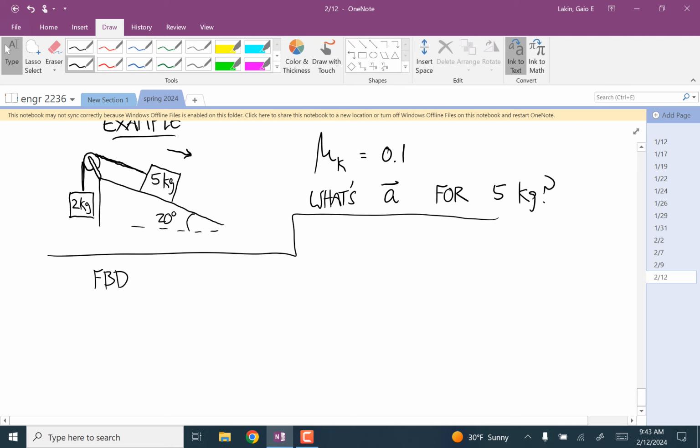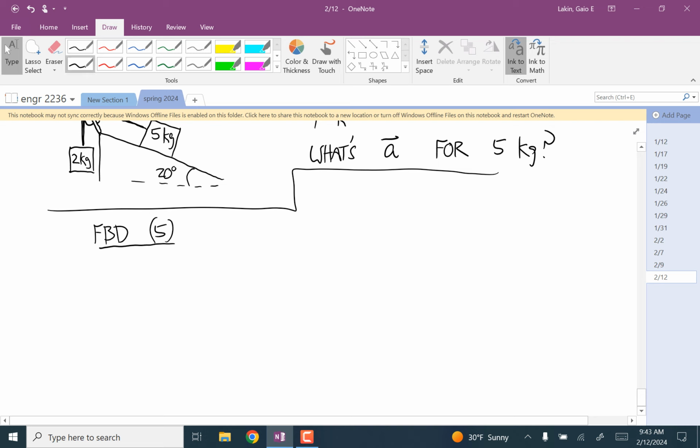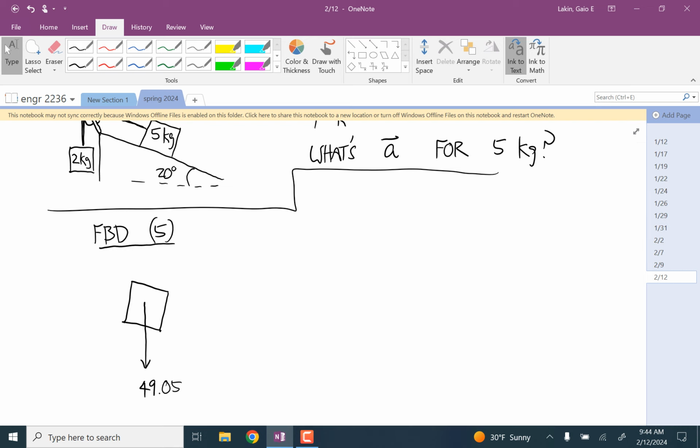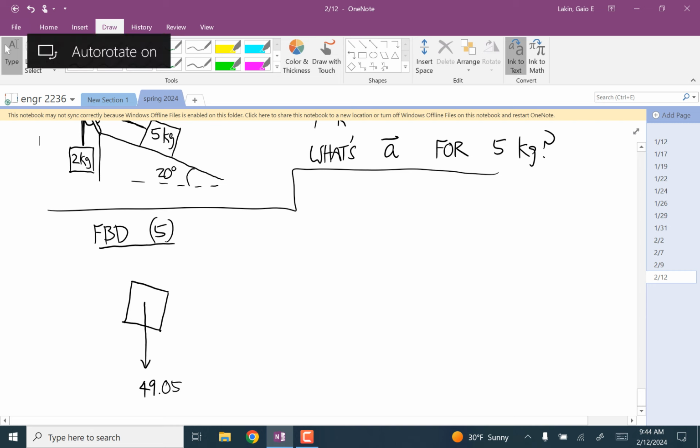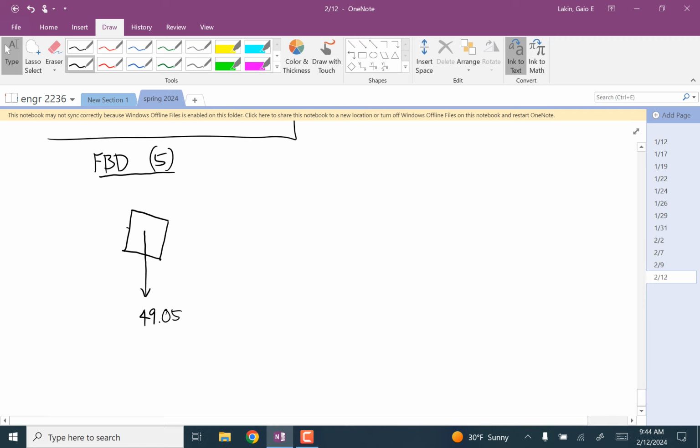So a free body diagram of the 5 kilogram. We have a weight force of 49.05. We have a pulling force from the cable. This way.